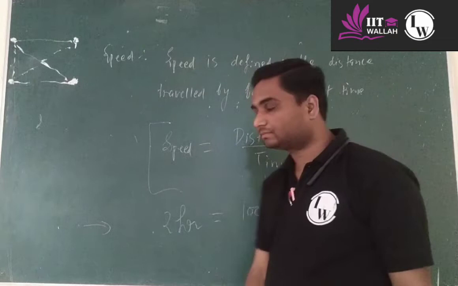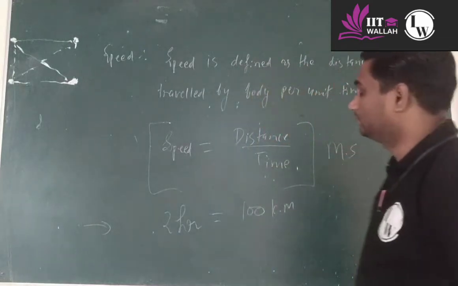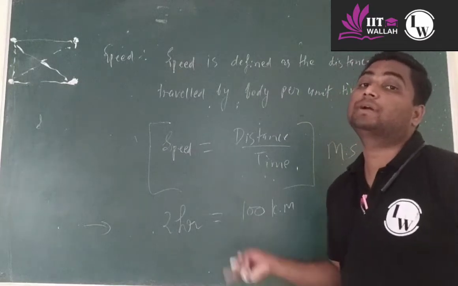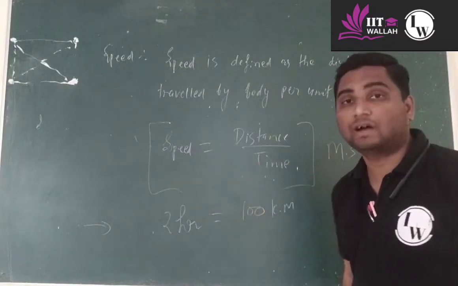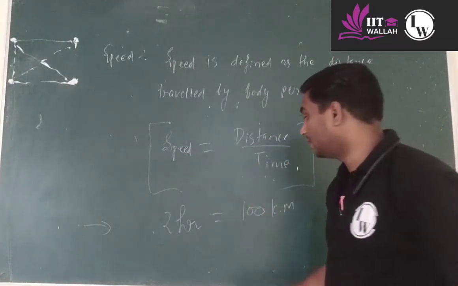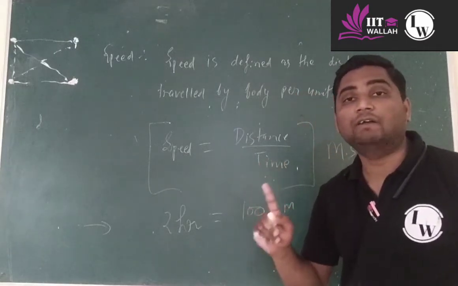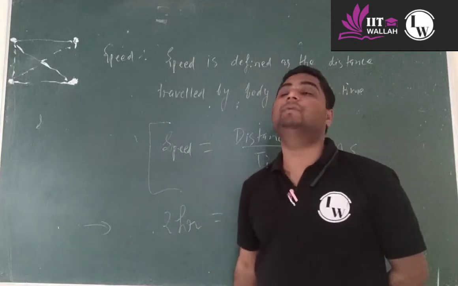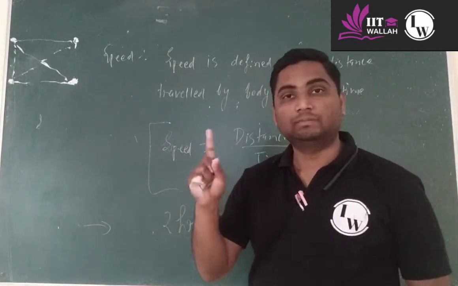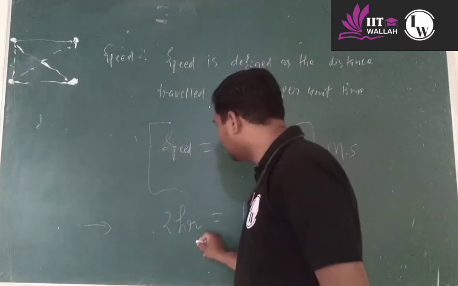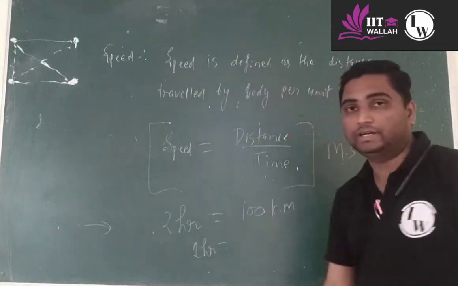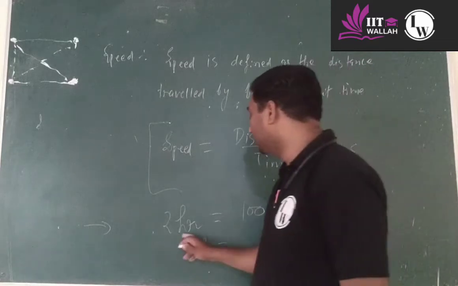So here the person goes 100 kilometer in 2 hours. So how much is traveled by the person in 1 hour, that will be called the speed of the person.